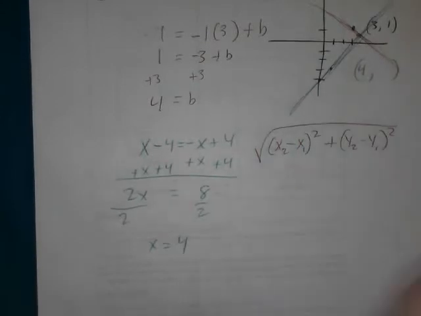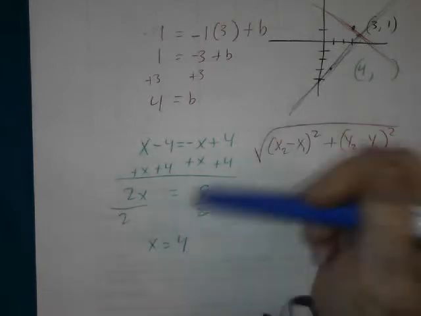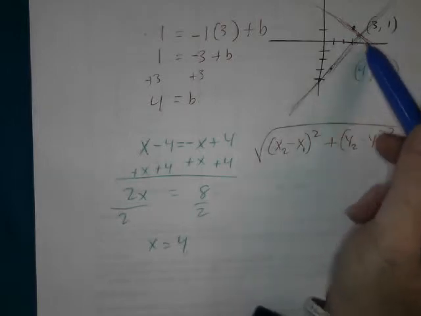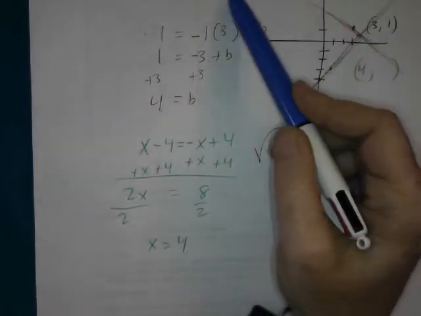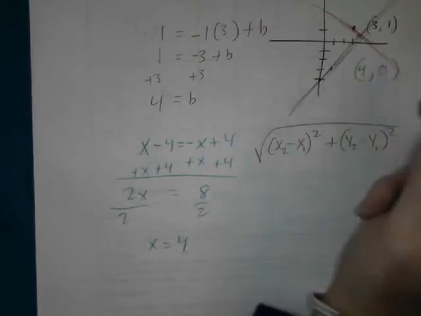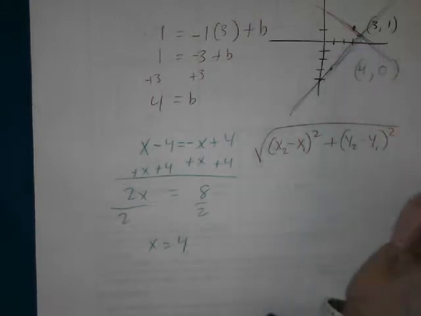Then I can plug that into either one of the lines, right? And I'm going to get 0. So 4, 0. Yeah, that's okay. It doesn't look perfect on my graph, but it's pretty close, so we'll say it's good.